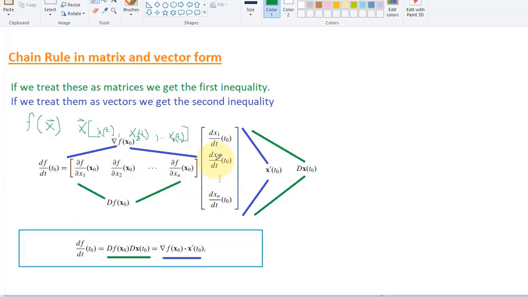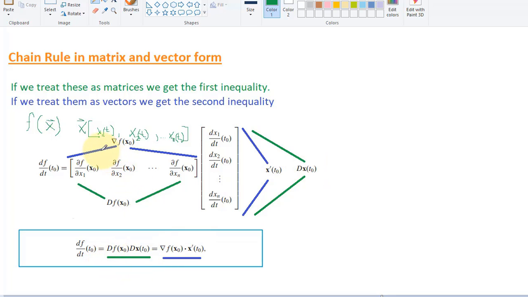And this thing would be called the derivative of x. As I said in the last video, we could just multiply this by this, and that would give us the whole chain rule. That's a very elegant expression of the chain rule.